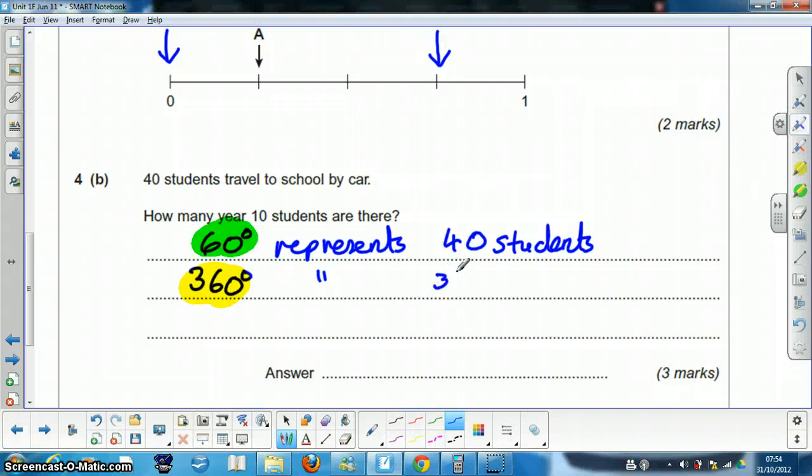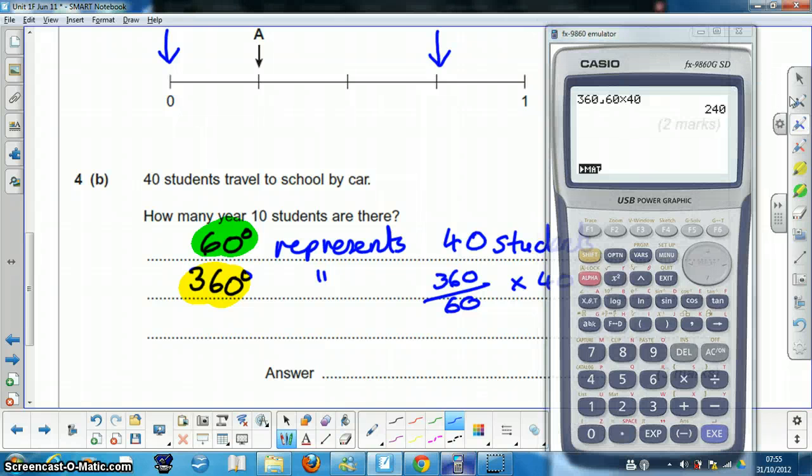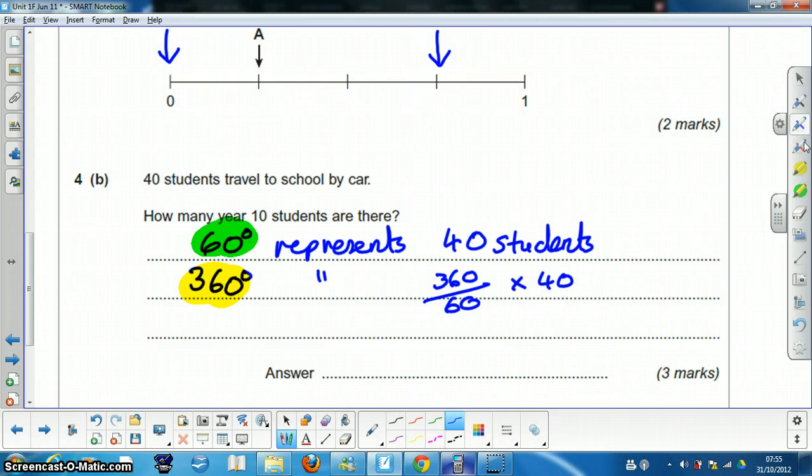We do 360, that's the new number, the one we're directly interested in, over the old one with the same units, times the number we haven't used. So it's 360 over 60, times 40. And there's the answer, 240. For 3 marks.